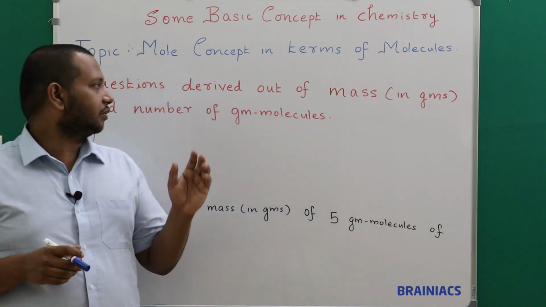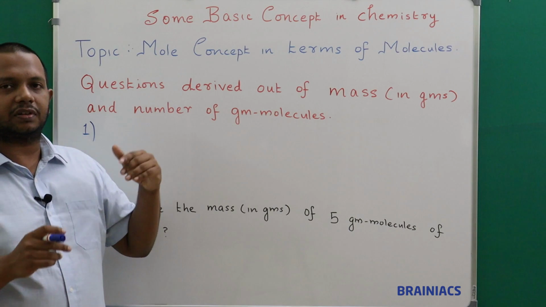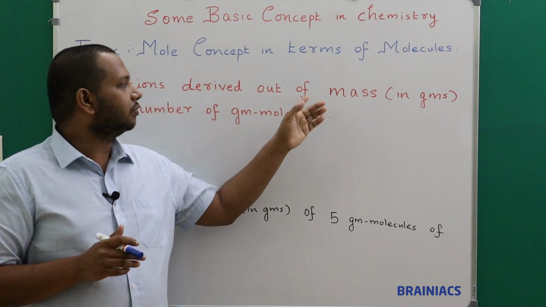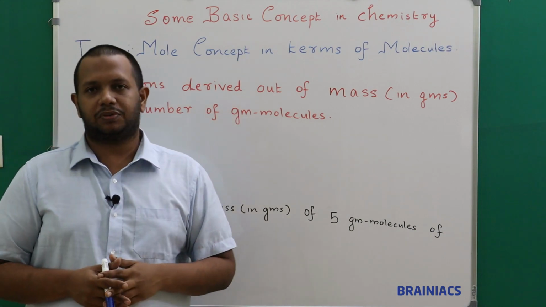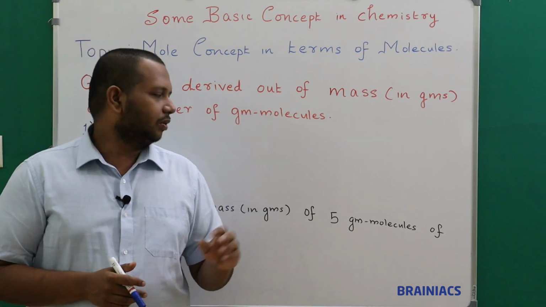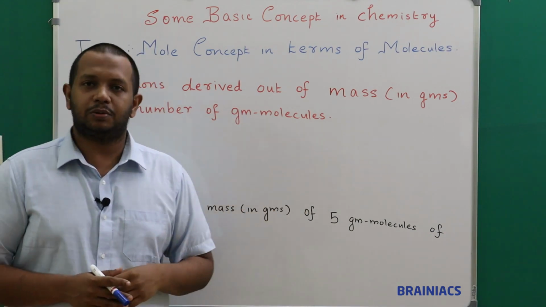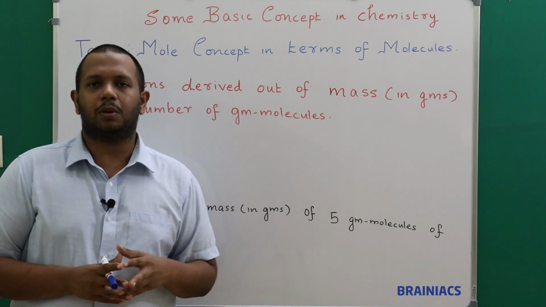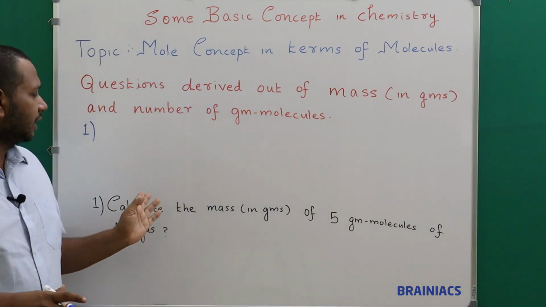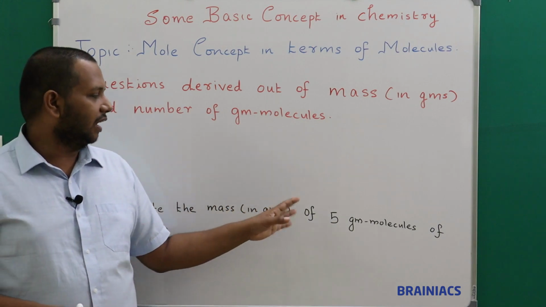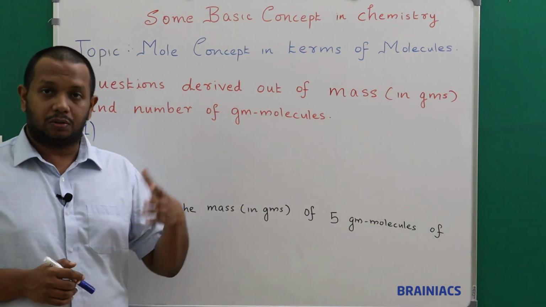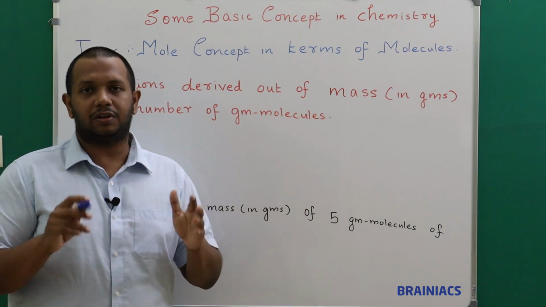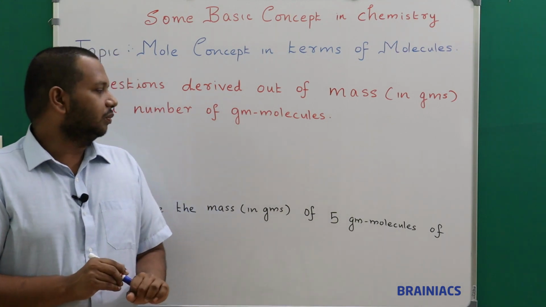Okay students, so you could see here the next section is questions derived out of mass in grams and the number of gram molecules. We will read the question and from that we will try to understand the question and solve it. Calculate the mass in grams of 5 gram molecules of nitrogen gas. Nitrogen gas they are mentioning, so I know it is a molecule.